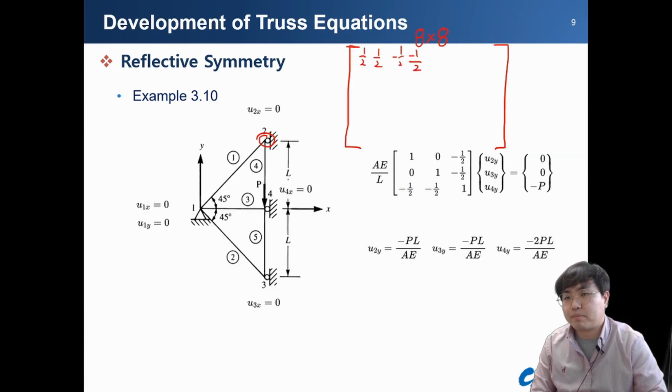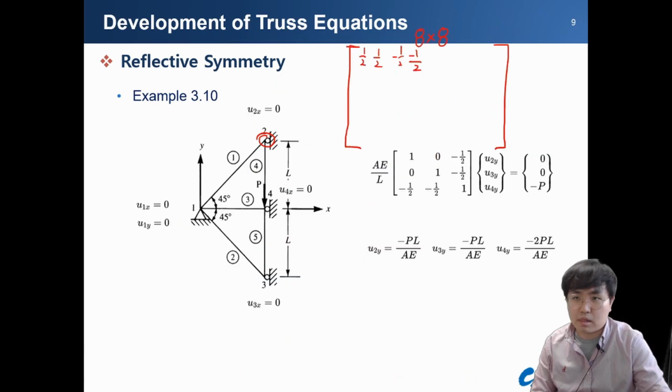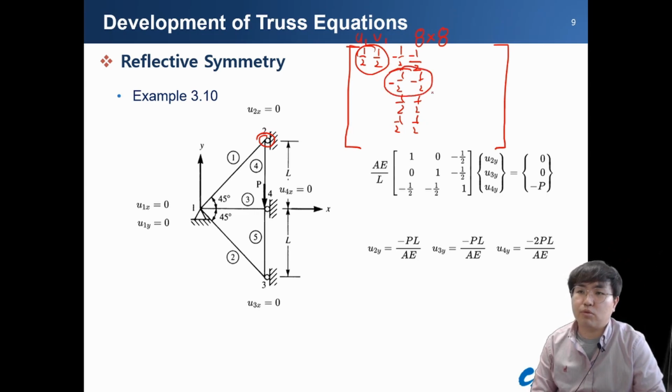So anyway, this is the first node point, U1 and V1, and this is for the second node point.